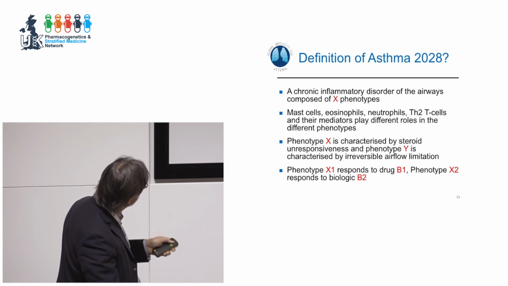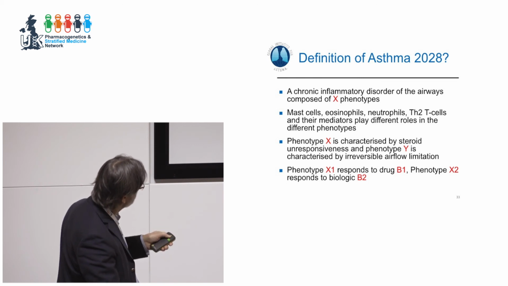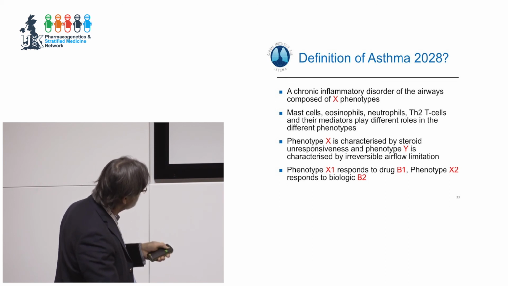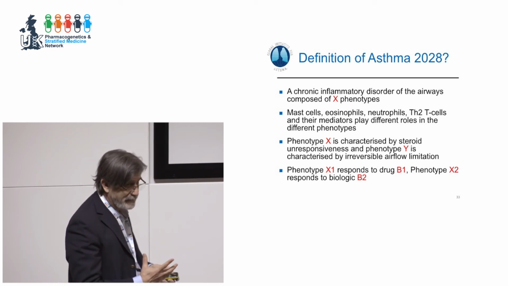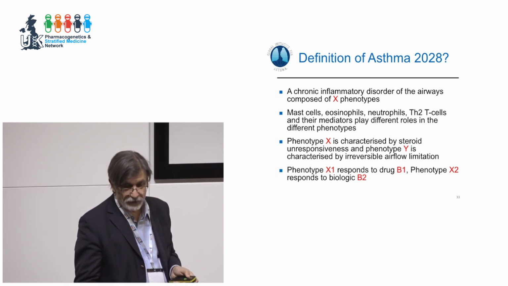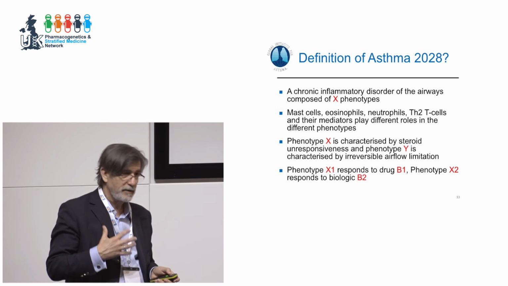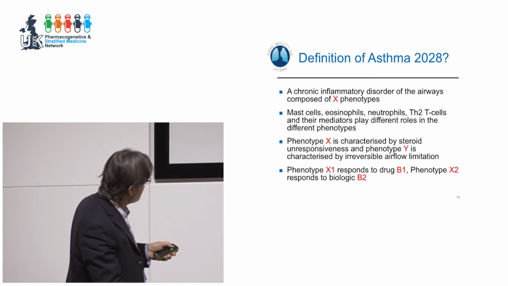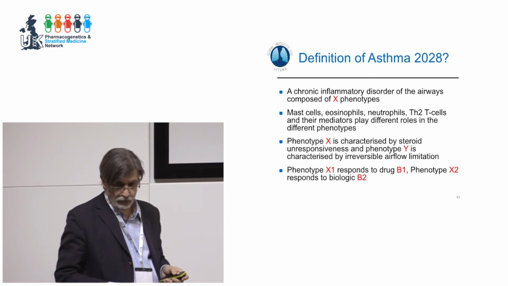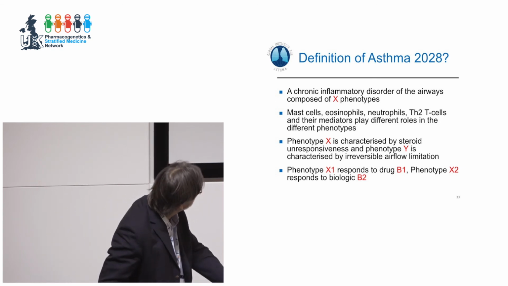Then we'll be able to say which cells play a role in which phenotype, and then critically we'll be able to predict which patient responds to steroids, which patient becomes irreversible, and critically the very expensive drugs we'll be able to predict.